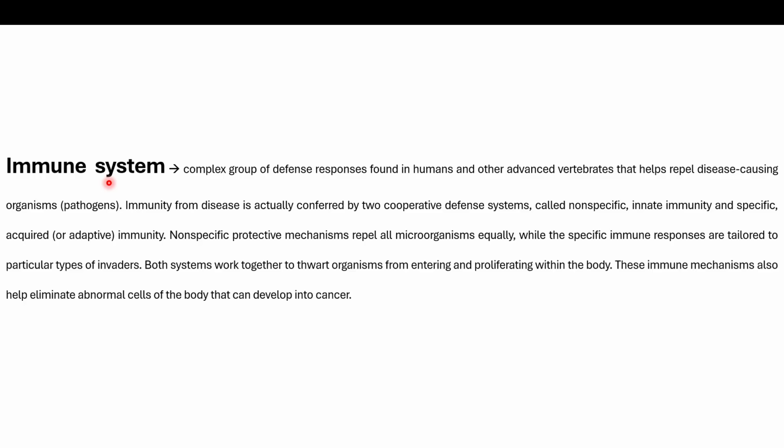So we will again look at the immune system and the cells therein, white blood cells and different kinds of lymphocytes which comprise the immune system.